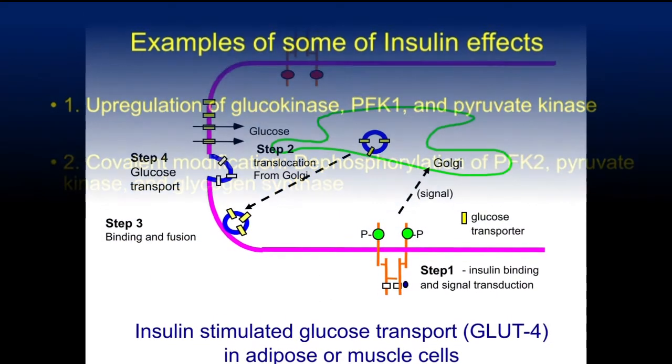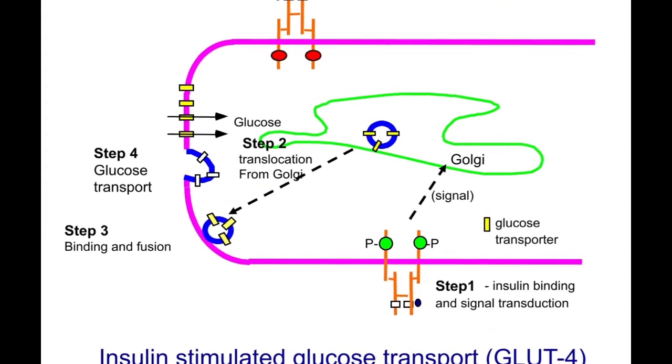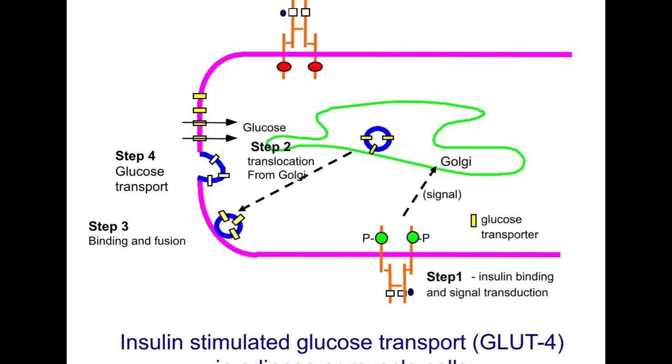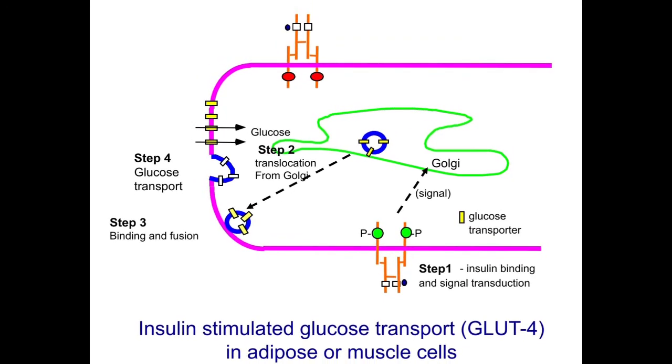So I'm going to talk a little bit about how insulin increases glucose uptake, just as an example. And it's really important that you understand that. So here's the receptor here in blue on the cell membrane. Let's say this cell is a muscle cell.